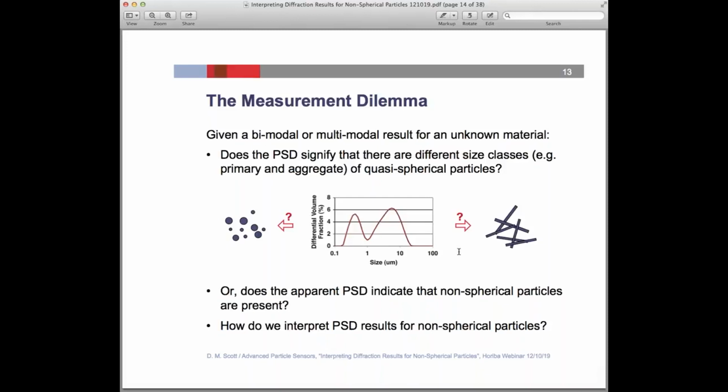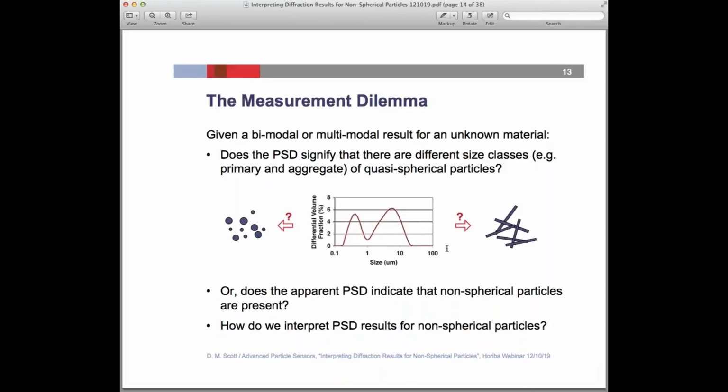It's very tempting to just chuck this into the laser diffraction system because it does cover such a wide particle size range. And now you get this result, this bimodal distribution shown here in the middle of the page. I think a lot of people would be tempted just to send that bimodal distribution back to the person that requested the measurement and say, here you go, here's your information.